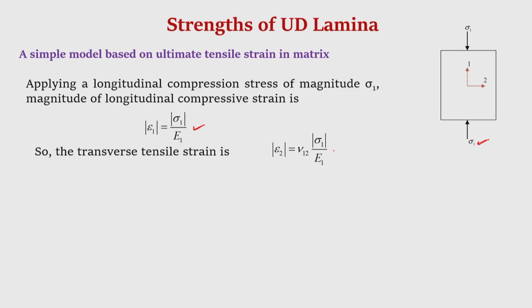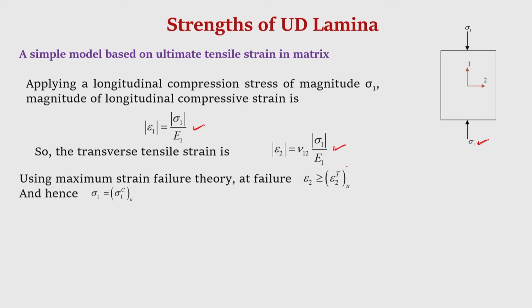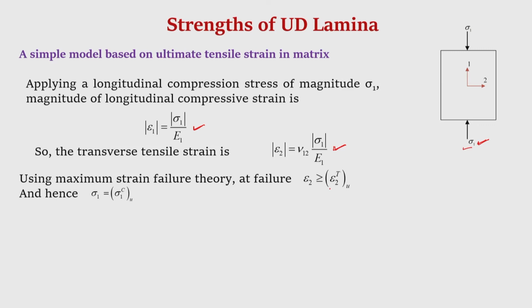The strain in direction 2 will be tensile because of the Poisson's effect. Now, suppose under this compression stress along direction 1 it fails. If the failure is because of the transverse tensile failure of the matrix, then at failure the composite will fail when the transverse strain reaches the ultimate transverse strain of the composite, which is given by this epsilon Tu.